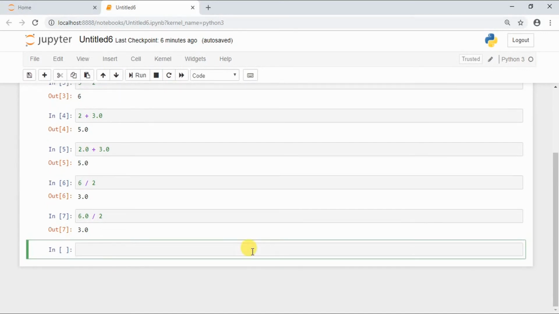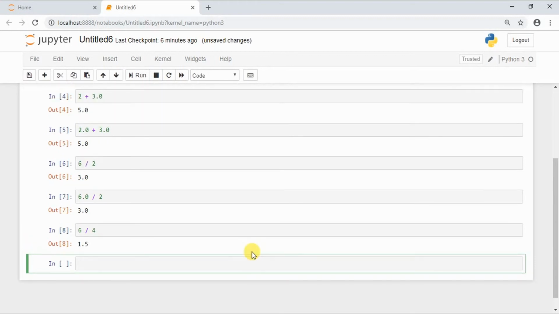But here again, one twist. What if I'm doing a division between 6 and 4? We are all aware that definitely we will get the result in floating point format, that is 1.5. But the thing is that I just want the quotient part. What is the quotient part?